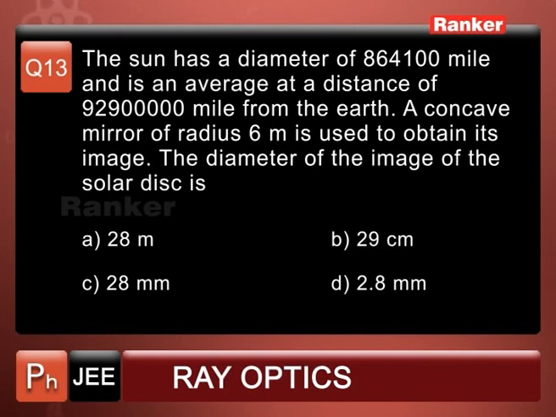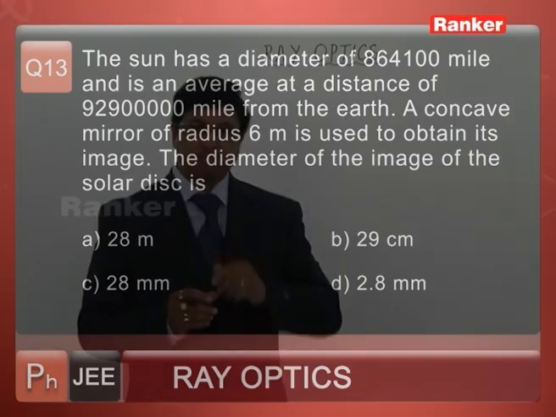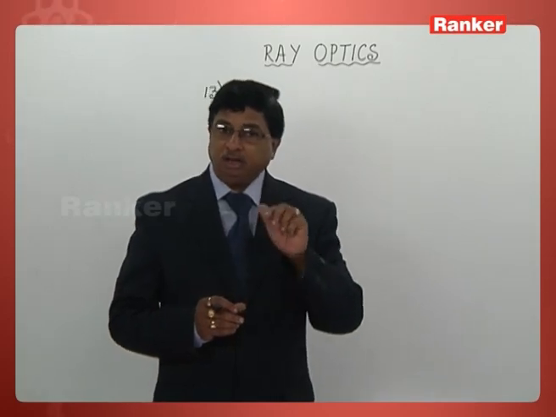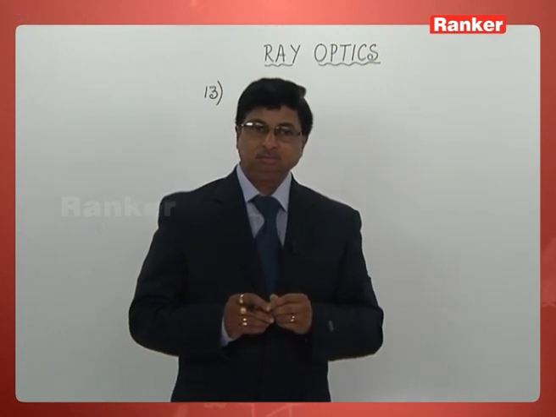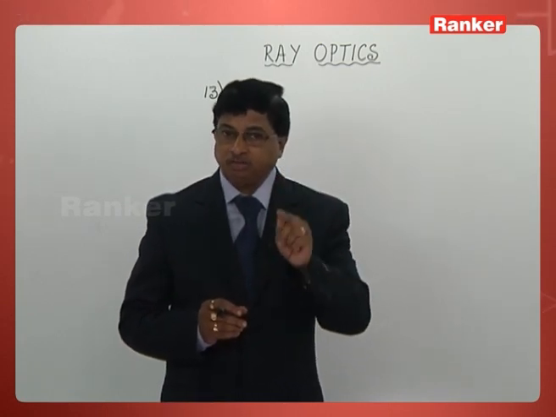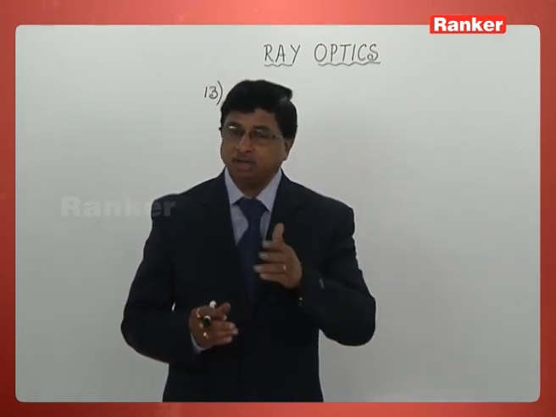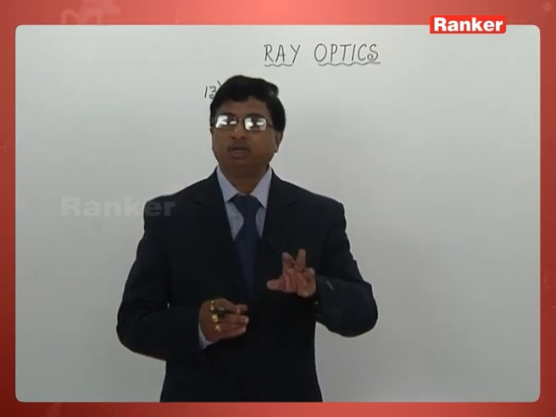So 929 into 10 power 5 miles from the earth. A concave mirror of radius 6 meter is used to obtain its image. That means radius of curvature is 6 meter. Then automatically you can understand focal length will be half of that radius of curvature, which now becomes 3 meter for us.